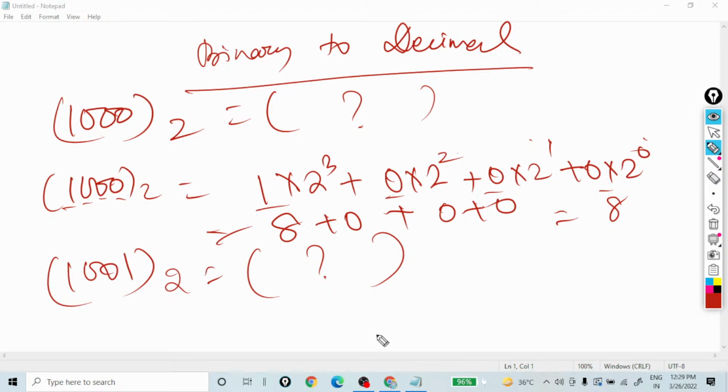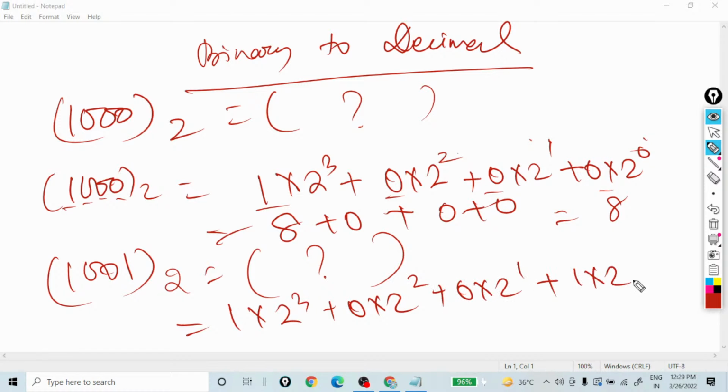Earlier we converted the same example. So we are taking here 1 into 2 to the power 3 plus 0 into 2 to the power 2 plus 0 into 2 to the power 1 plus 1 into 2 to the power 0. So this will be 8 plus 0 plus 0 plus 1, because 2 to the power 0 equals 1, 1 into 1 equals 1. So the answer will be 9.